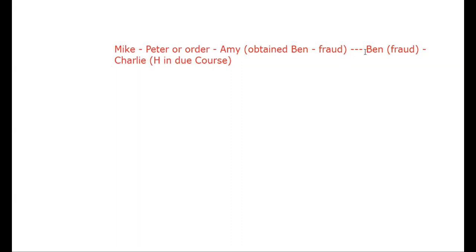It is a defective title because Ben obtained that because of fraud. Diba? Sabi natin kanina that defect of title refers to acquisition of title because of vices of consent, because of fraud, violence, threat, intimidation, etc. And in this particular situation, Ben obtained his title from Ami through fraud. So it follows that Ben's title is defective.